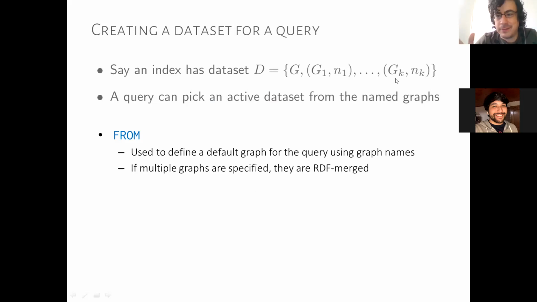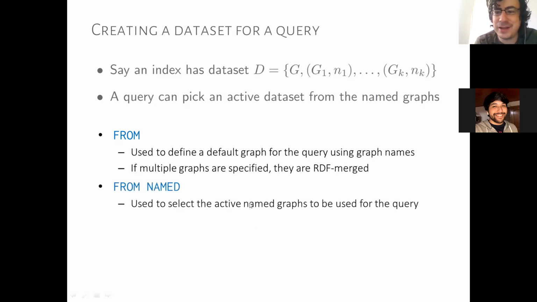We can take 2 of them, 5 of them, 7 of them, and merge them all into a default graph. And if we specify multiple, then we'll RDF merge them. Okay, what does RDF merge mean? I'll explain that in a second. So it's essentially the union where we keep the blank nodes distinguished. We basically take the union of the graphs and make sure that their blank nodes are kept distinct.